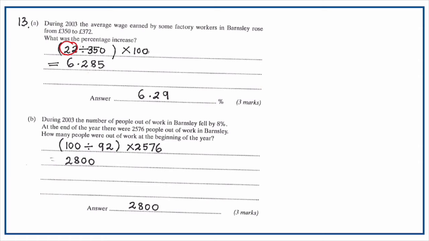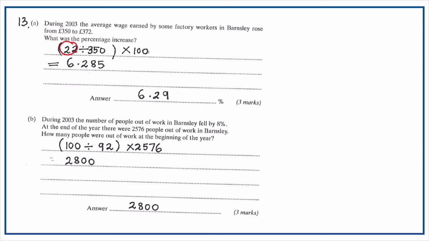And we want to go back to the original, the number of people in the beginning of the year. So that represents 100%. So it's 100 divided by 92 times 2,576, which equals 2,800. So the number of people out of work at the beginning of the year is 2,800.